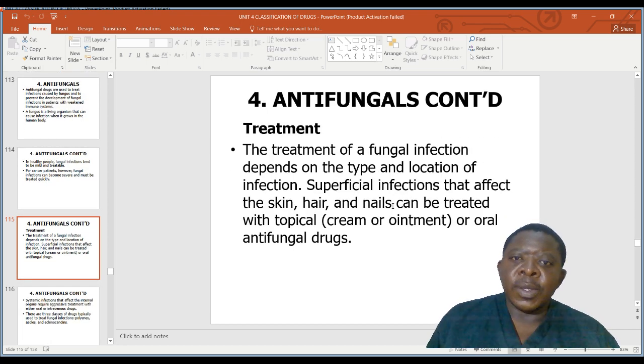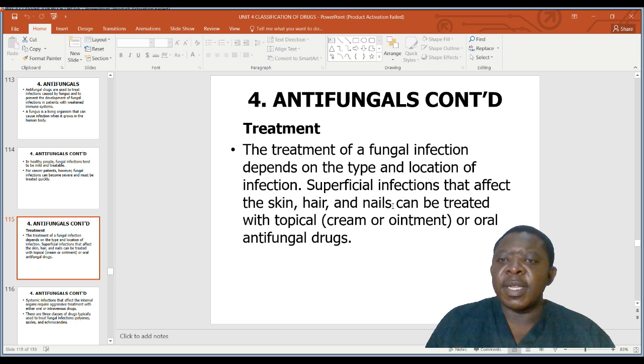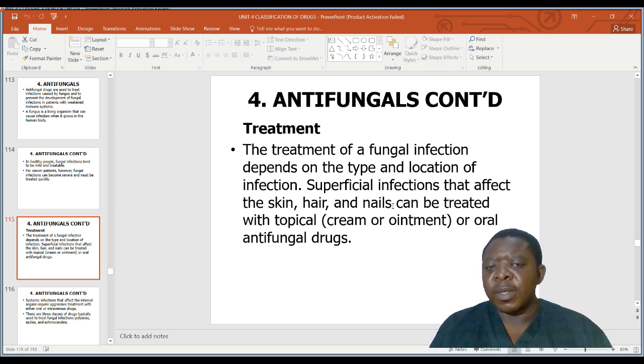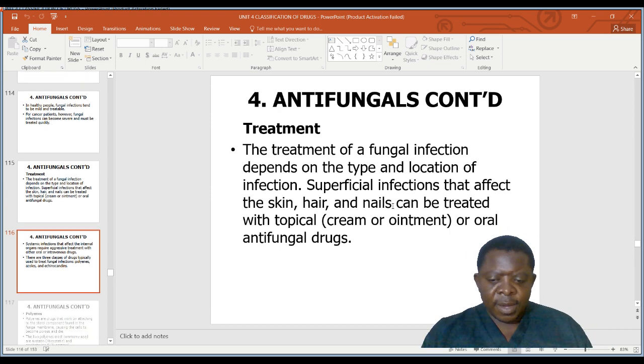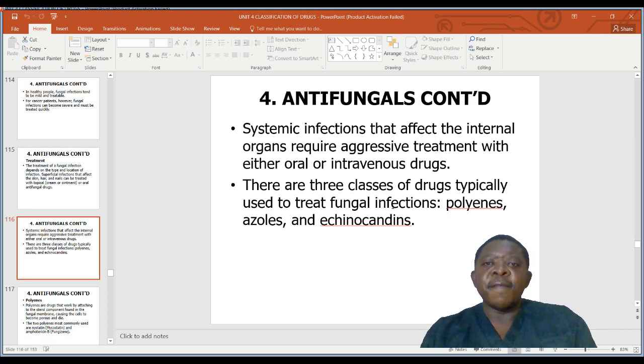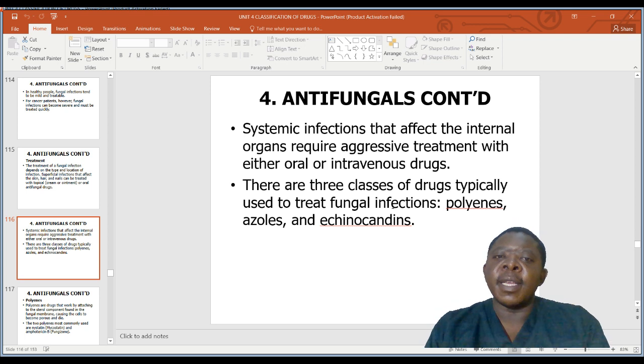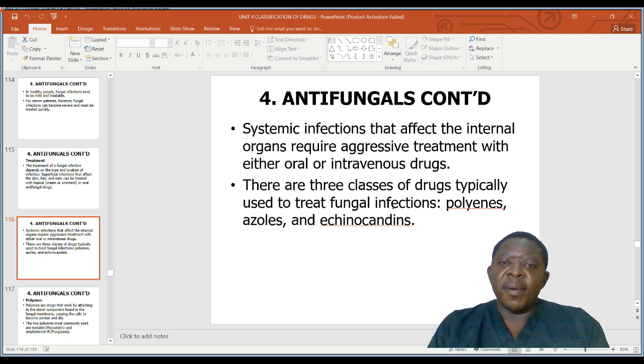Okay, so the treatment of fungal infection depends on the type and the location of the infection. Superficial infection that may affect the skin, hair, and nails can be treated with topical, that is cream or ointment, or oral antifungal drugs. Systemic infections that affect the internal organs require aggressive treatment with either oral or intravenous drugs.